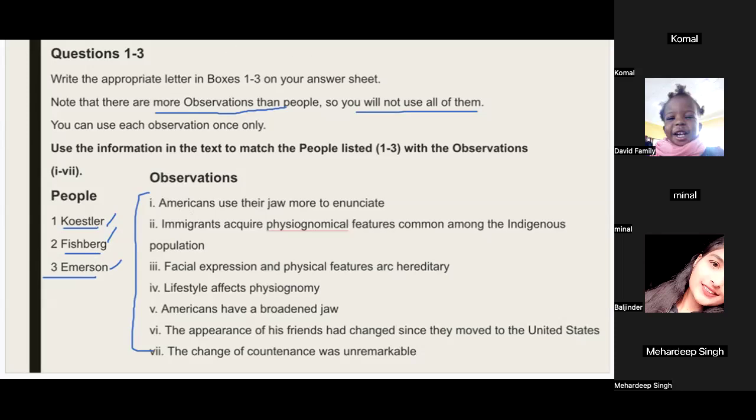So let's do this. Everyone is ready? Yes, everyone, I can't hear you. Yes, ma'am. Okay, great. So first read all the observations and then I'm going to show you the passage. Once you're done with the reading of observation, please let me know.